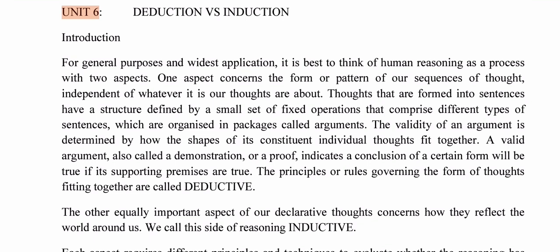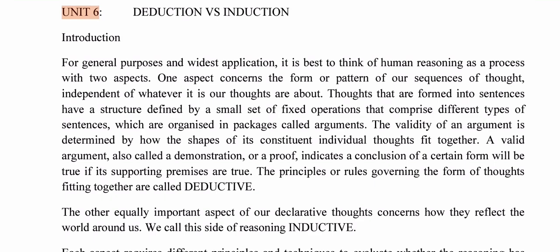Now, for deduction, the truth of your premises guarantees or ensures that your conclusion is true. This is not the same situation in induction. In induction, the truth of the premises just gives a likelihood or a probability that your conclusion will be true. It doesn't guarantee it 100% that it should be true.